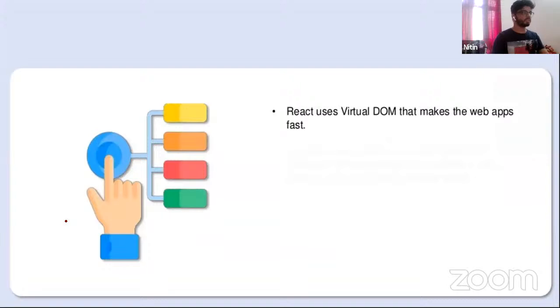Now comes the performance part. As mentioned, the virtual DOM allows React applications to be very fast because you don't have to reflect every change, or changes that happened in one component in another.